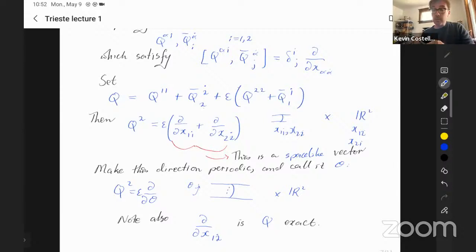And it'll be important in a moment that here d by dx12 dot is Q exact.